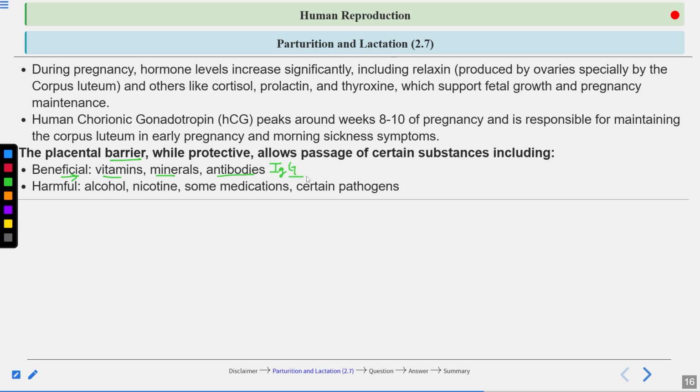IgG. Okay, it doesn't allow the harmful substances to pass through, like alcohol, nicotine, some medications, and certain pathogens. Okay, but AIDS virus, HIV can pass through. So sometimes it can pass through the placenta and it can affect the developing fetus as well.